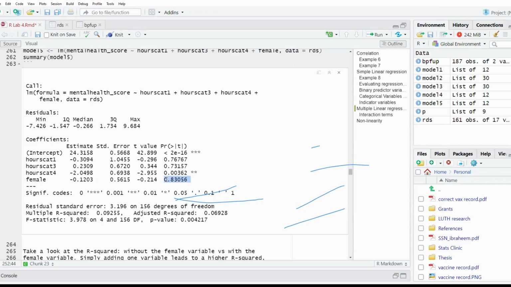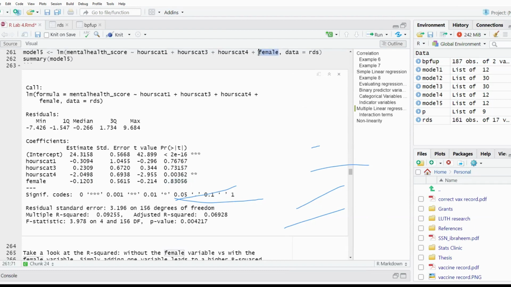The more interesting question is, how do you decide when to add female to the model? Or how do you decide when to add specialty to the model? How do you decide which other variable to add? Often it's if you think that it's a confounder, and I explained that a confounder is a variable that is related to both the predictor and the response variable.